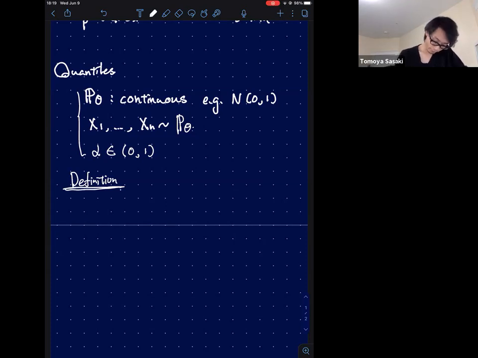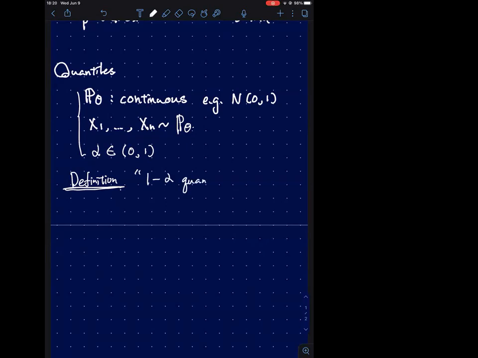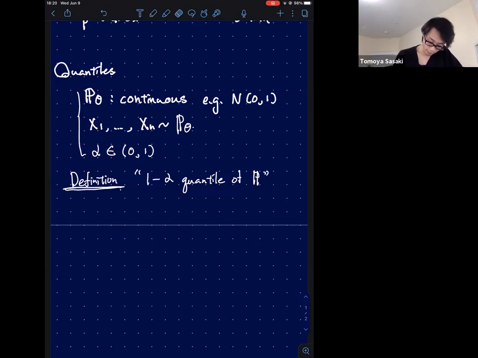We say the one minus alpha quantile of this distribution P is the value Y such that the probability of random variable X being smaller than Y is equal to 1 minus alpha.